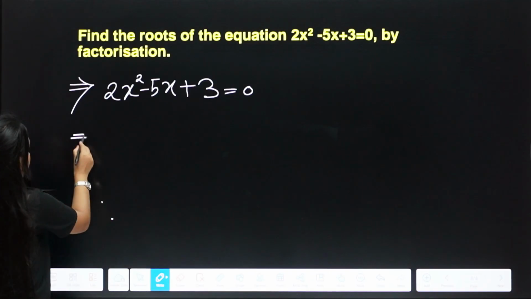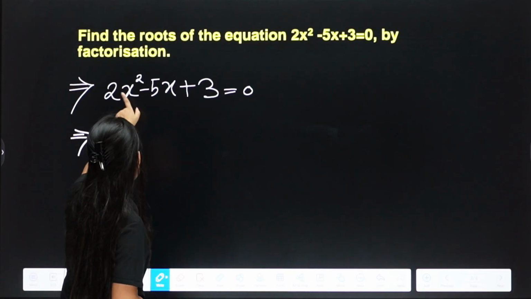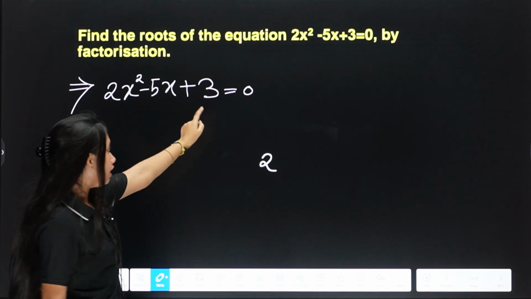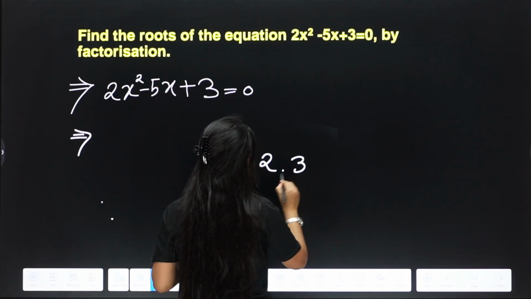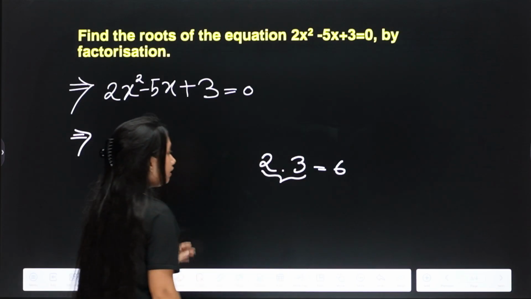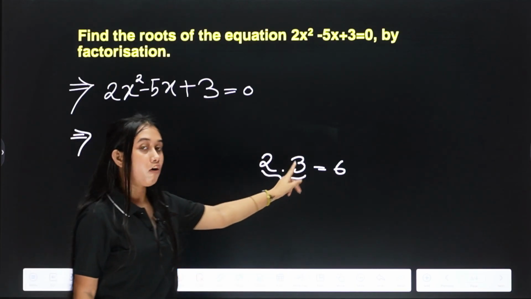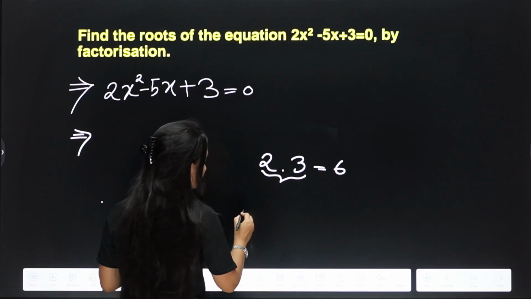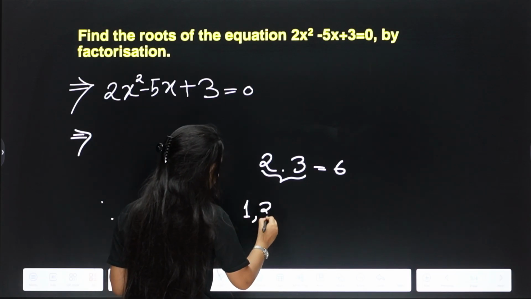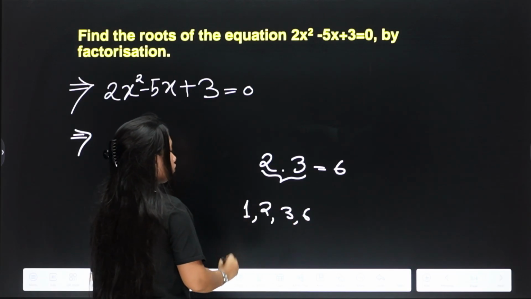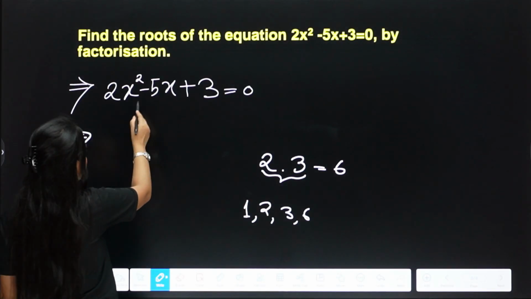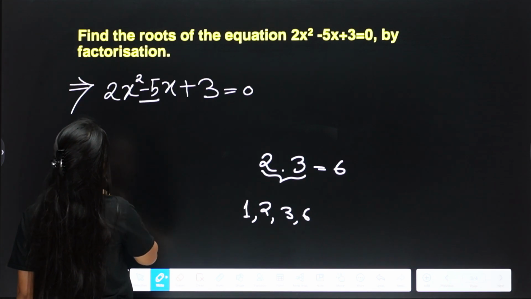The coefficient of x square is 2, and the constant is 3. You multiply it, that is 2 into 3 is equal to 6, and you write the factors of 6, that is 1, 2, 3, 6. So these are the factors of 6. Here we have to write it as minus 5x.